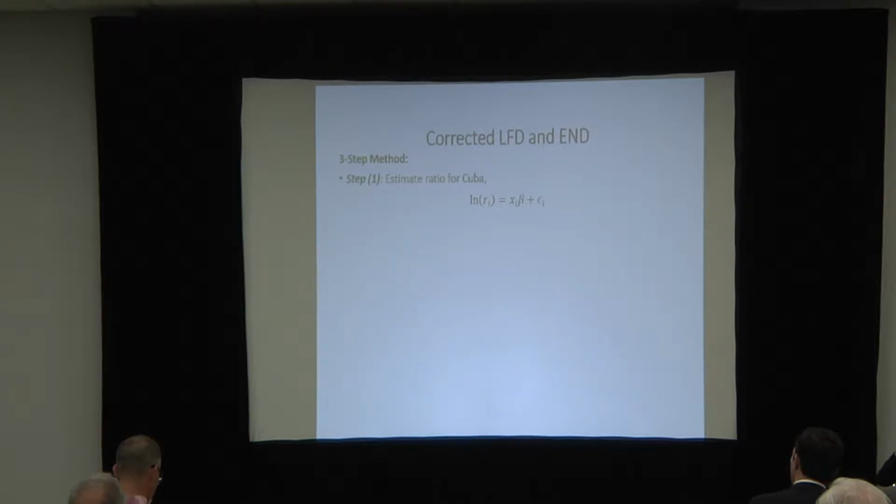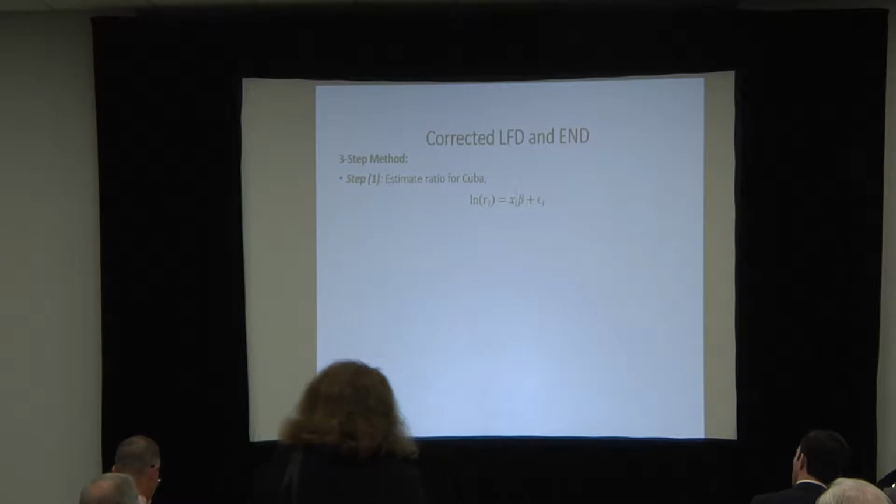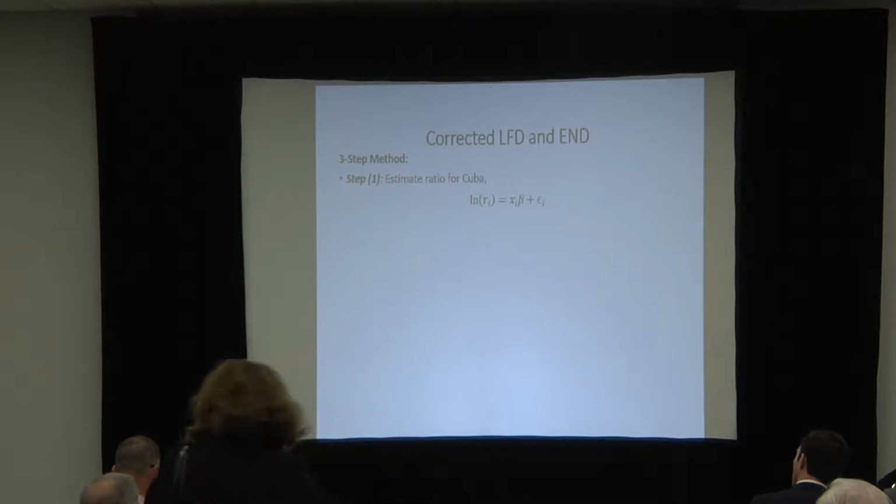What things do I look at? The maternal mortality rate, GDP, the adolescent fertility rate, which is a really important determinant of infant health, and the rate of anemia in pregnant women. So first step, estimate that ratio.